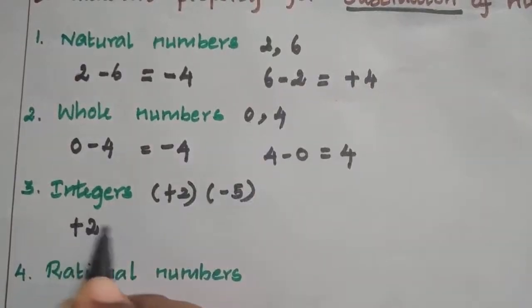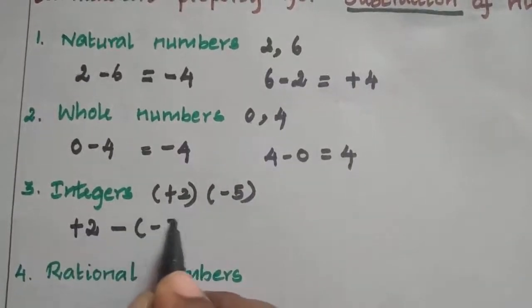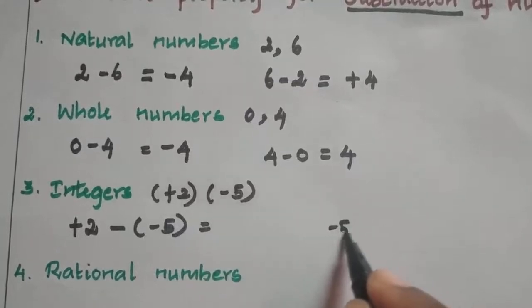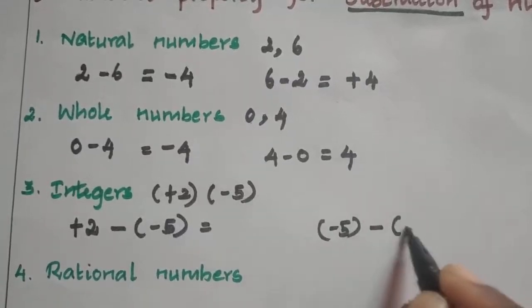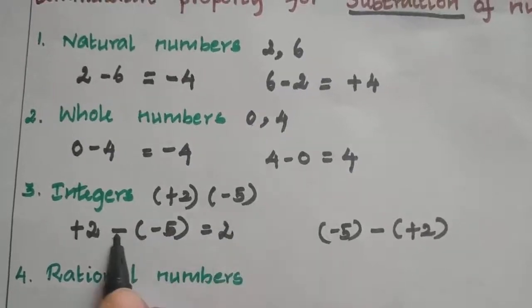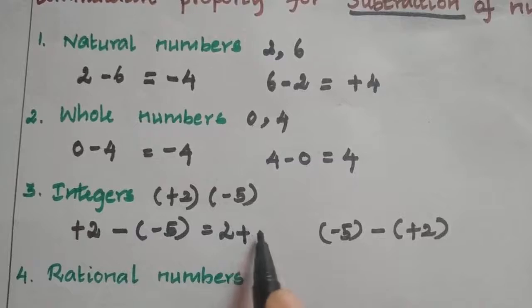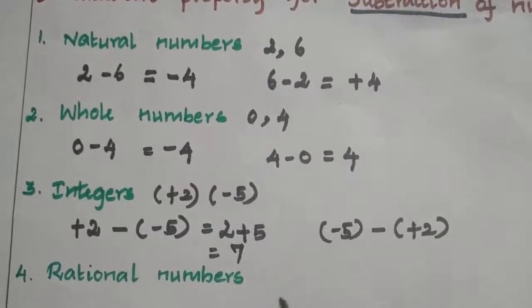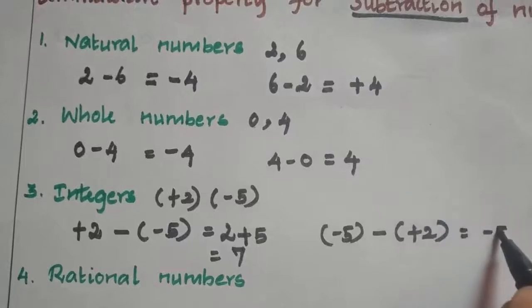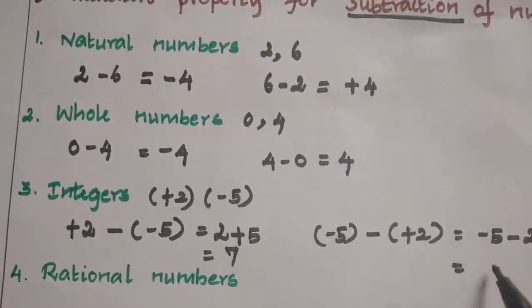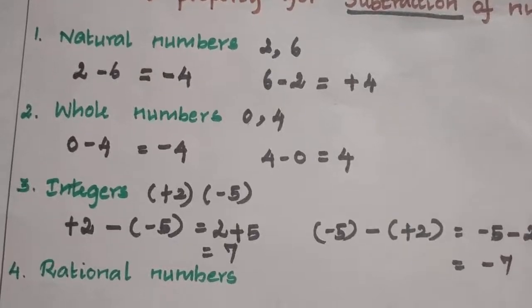So plus 2 minus 5. Here just interchange the integers, minus 5 minus plus 2. So here 2 minus into minus is plus 5. So what will be the answer? Yes, this is 7. Here minus 5 plus into minus is minus 2. So this is minus 7.